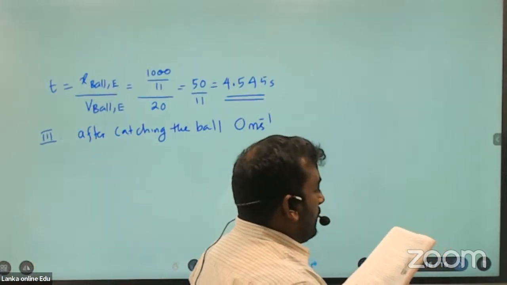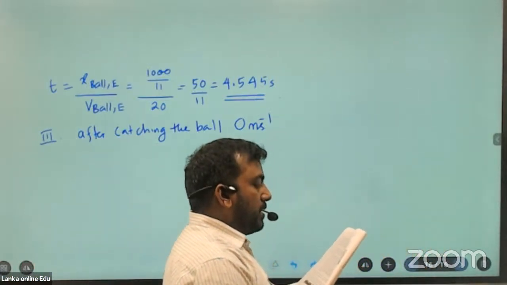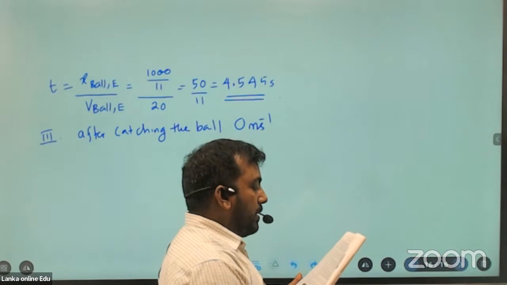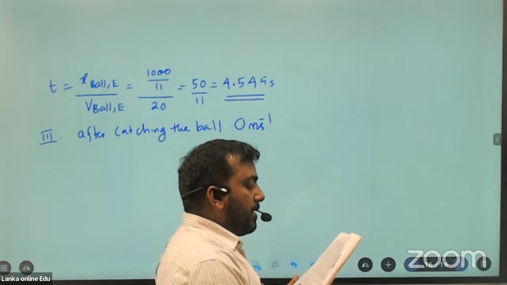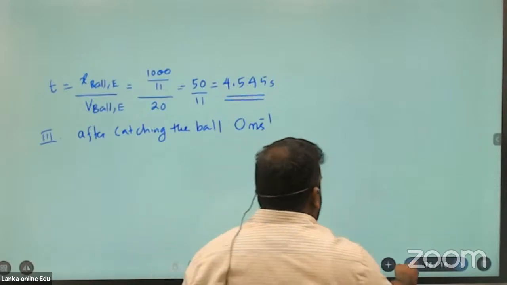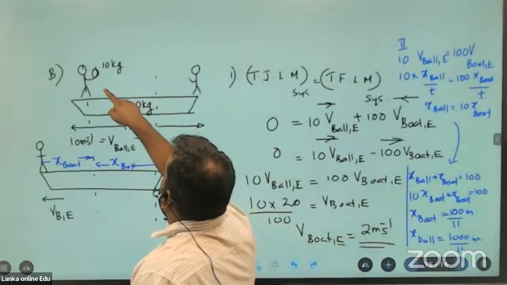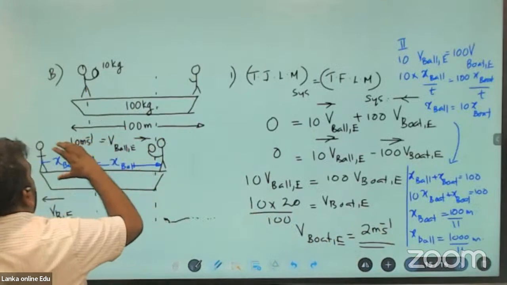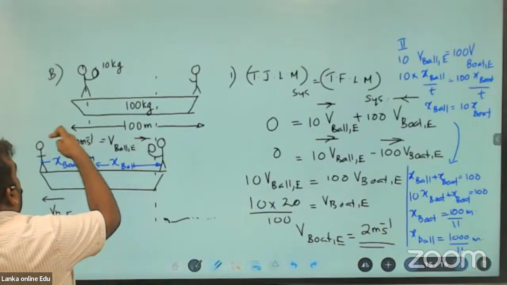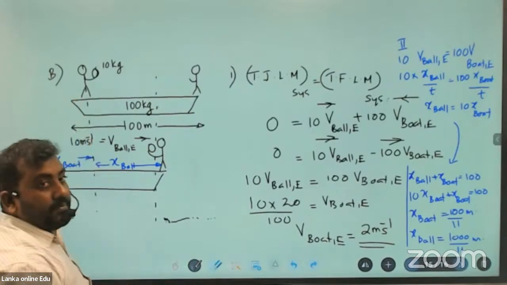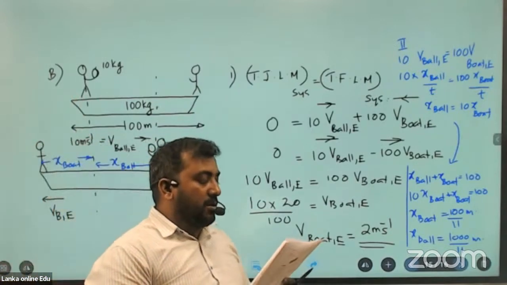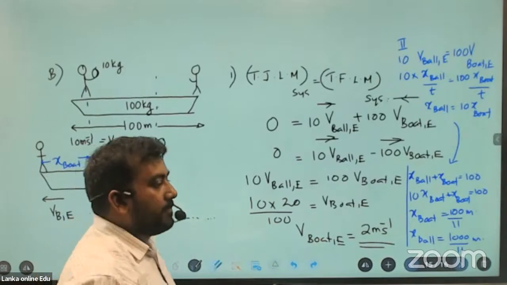Part 4: the second child catches the ball and throws the ball at the same speed horizontally. Find the displacement of the first child from the initial position when he catches. Now look what happens. This ball will throw there, the boat goes forward. This ball is thrown here, the boat will come backwards. Same position. So the displacement of the child is going to be 0.